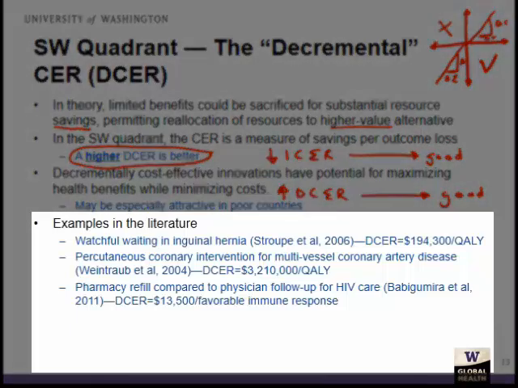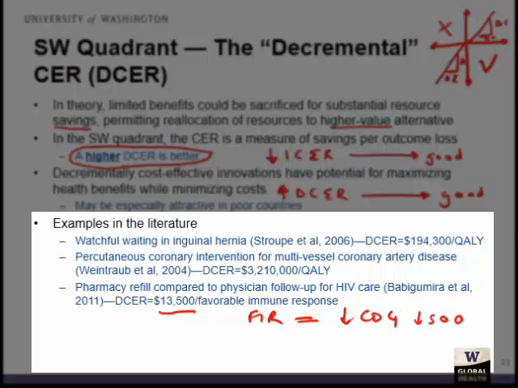And here are some examples in the literature, including a study by me and my colleagues that had a DISA of $13,000 for a favorable immune response, which was a reduction in CD4 count below 500 in a patient with HIV for HIV follow-up. And we'll look at this study in detail. But for a reduction in this favorable immune response, there was a savings of nearly $1,400.